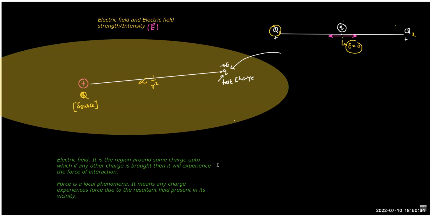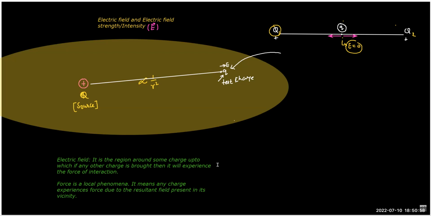And because the nucleus is stationary, the electric field developed will also be a stationary field. And that is why this is the concept of electrostatics. Is it clear? So the field is the cause behind the force.